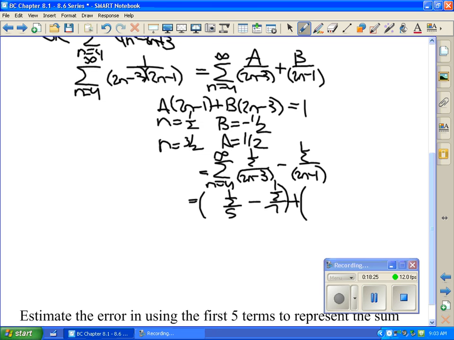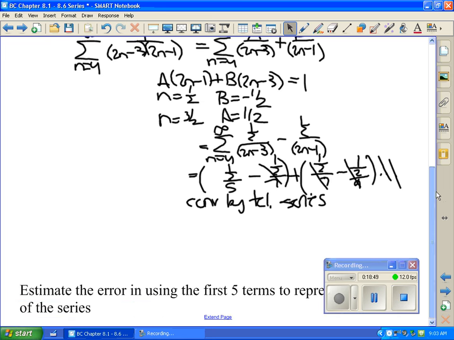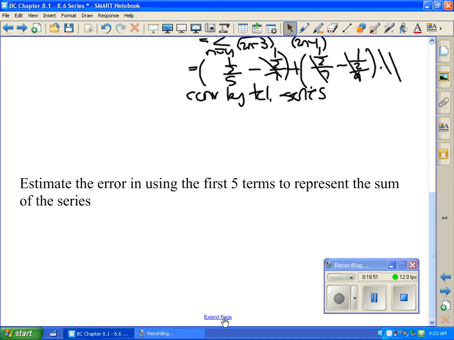My next term, with n equals 5, is 1/2 over 7 minus 1/2 over 9. The 7s and the 9s cancel out, so I'm left with 1/10. And so this converges by telescoping, and the same thing, it converges absolutely. Those are the two different ways I wanted to show, one with limit comparison and one with telescoping series.